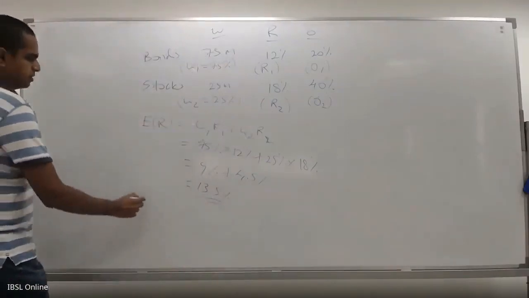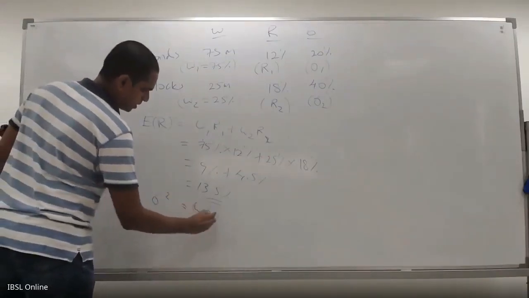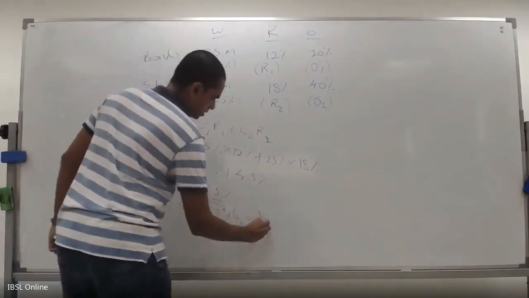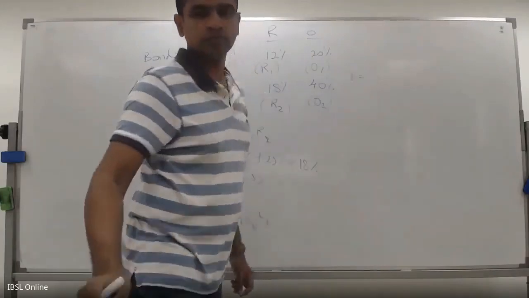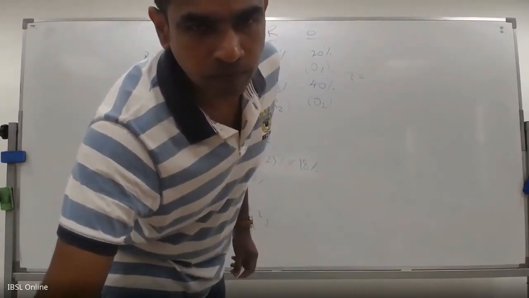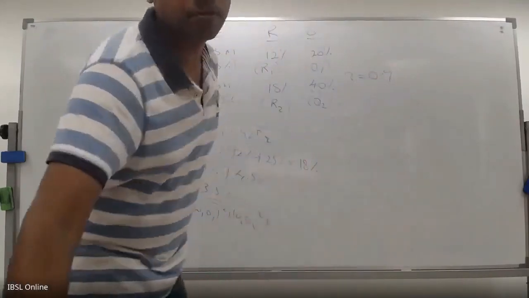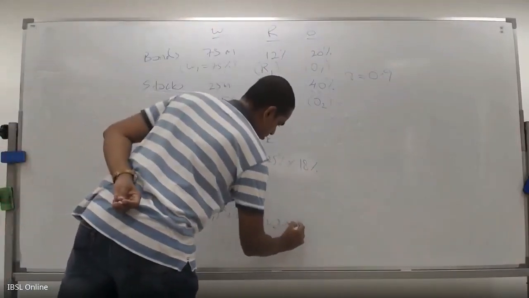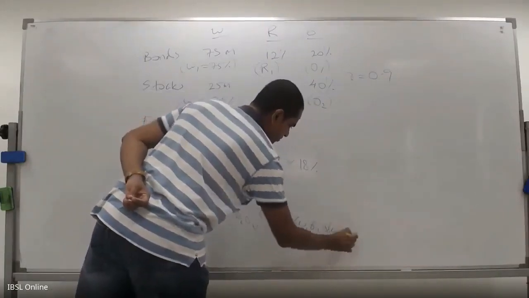Then what about the standard deviation? It is W1 sigma 1 square plus W2 sigma 2 square plus 2 W1 sigma 1 into W2 sigma 2 into the correlation, which is 0.9. Right? So it's a strong positive correlation, but not perfect positive.